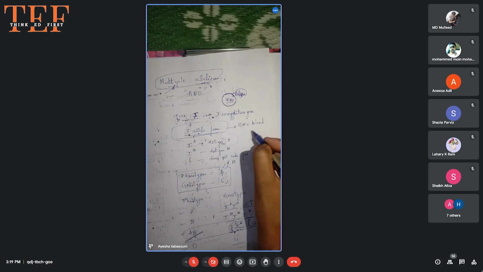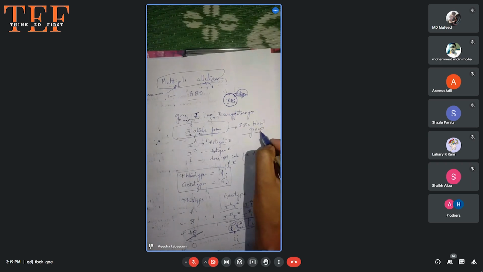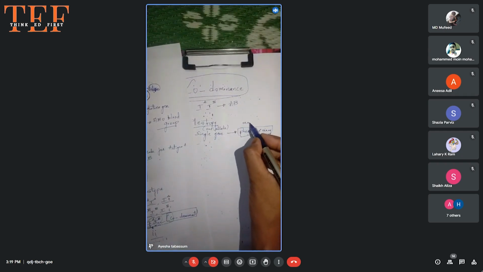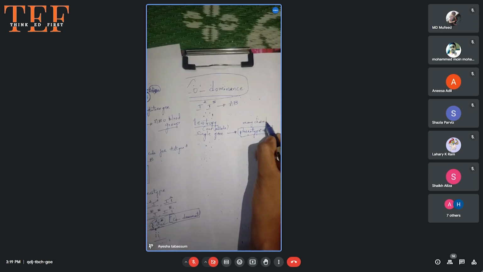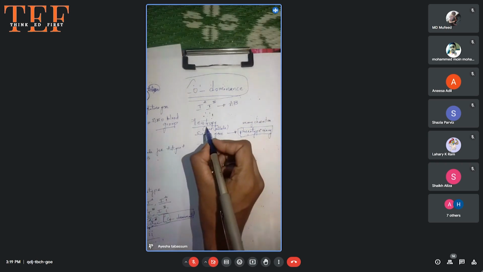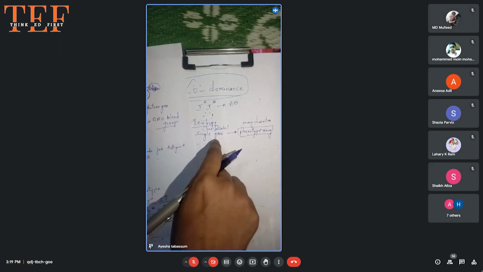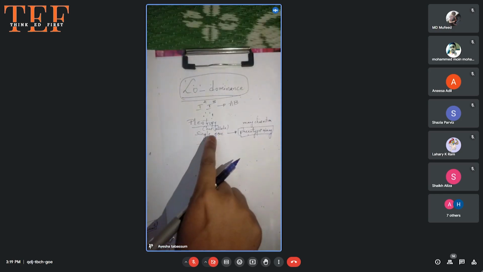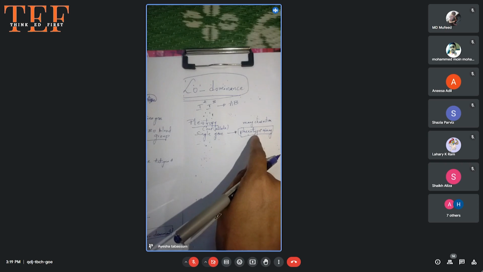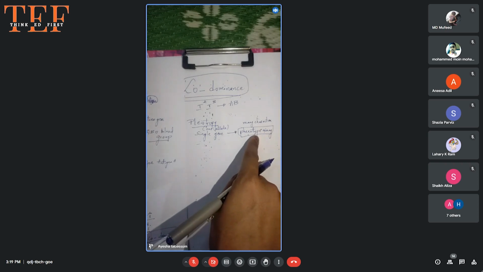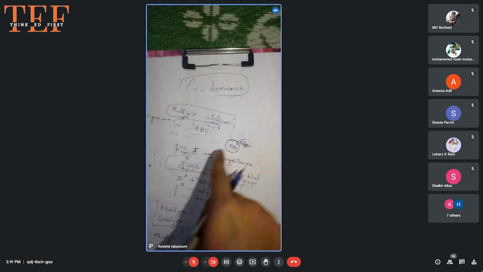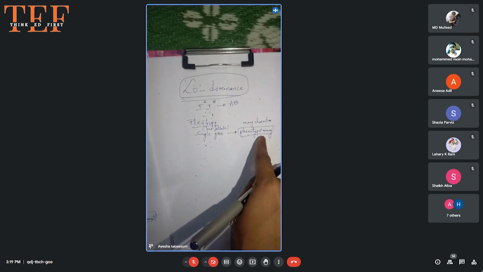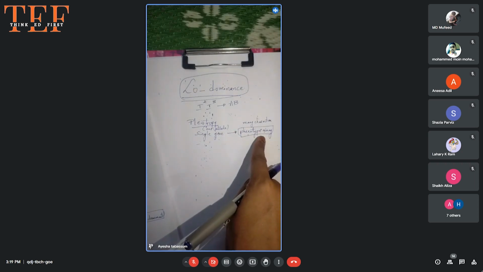But if one allele is producing many characters, then it is called pleiotropy. Opposite to multiple allelism is pleiotropy. In multiple allelism, many alleles, one character. In pleiotropy, one allele, many characters. You have to remember like this. Did you get my point?